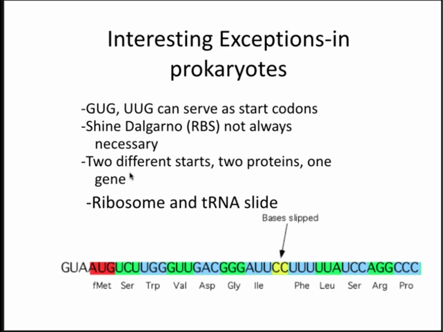There are examples of genes that don't have Shine-Dalgarno sequences that get transcribed and translated just fine. Some proteins can have two different start sites, and you'll see this a lot in viruses. And then there's even examples of this. Here's an example of a protein, and what will happen is the tRNA will slide. You're just going along in a reading frame, it gets to here, and then it will just skip 2 bases and go on again. Why? Who knows, but it works.